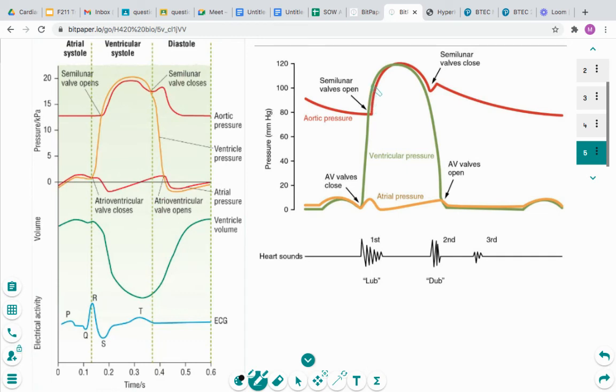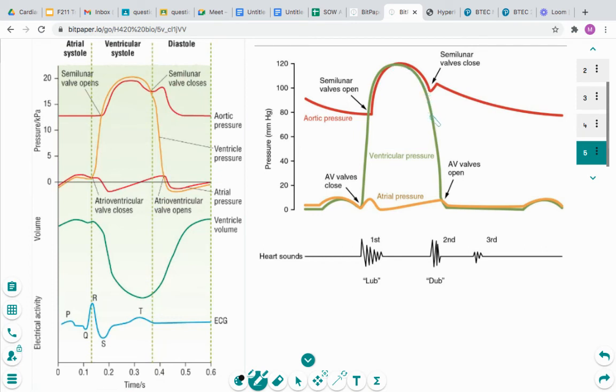So you can see here the whole time the semilunar valve stays open, blood is going out into the aorta, and then finally, when it crosses over, as soon as that green line goes below the red line, that's telling us the ventricular pressure is less than the aortic pressure, and therefore the semilunar valve gets slammed shut.